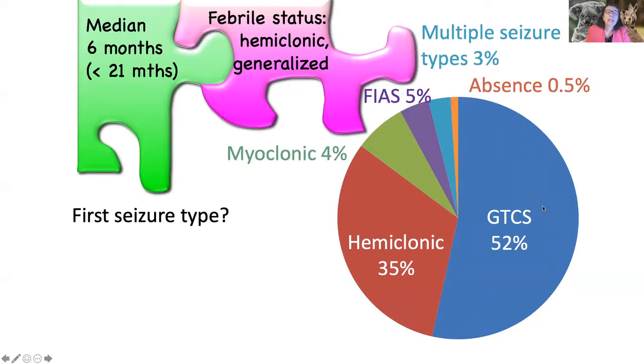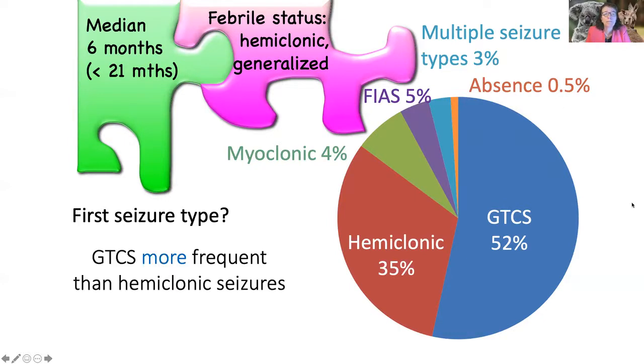And here you can see that they could present with other seizure types, including myoclonic seizures as the initial seizure in 4%, focal impaired awareness seizures in 5%, and 3% actually have several different seizure types at their initial presentation.